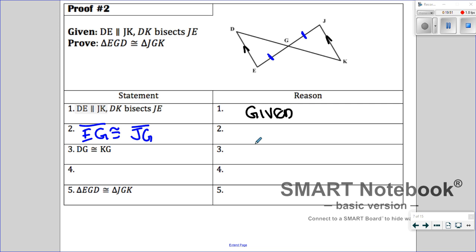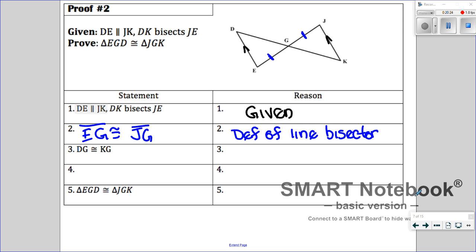And this is because of the definition of line bisector. And then the next one says that DG is congruent to KJ.